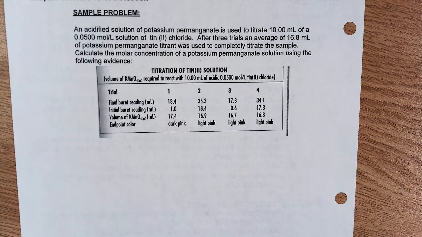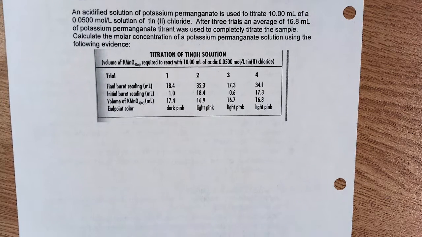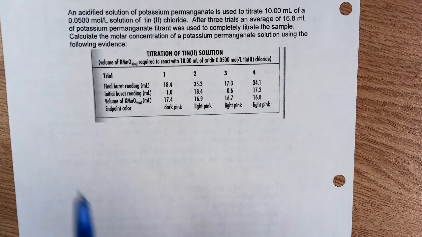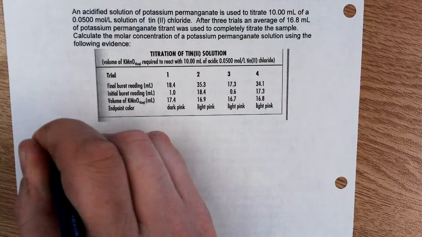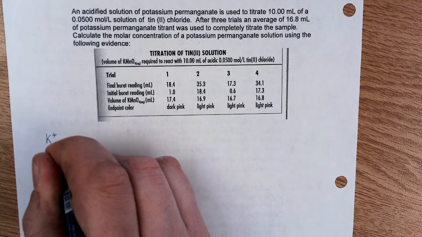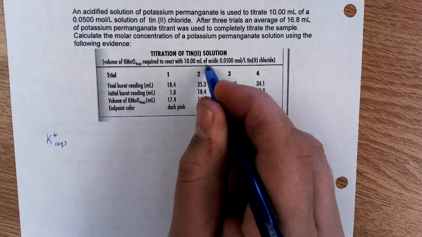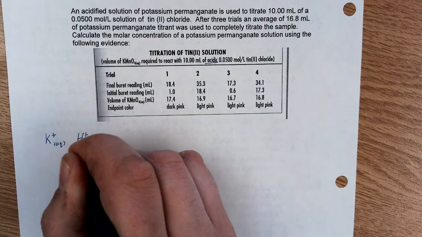So again, we start by writing down all of the entities that are present in our solution. So we have potassium, that's part of the potassium permanganate. We have permanganate, and it says acidic here, so we're going to write down the H+.